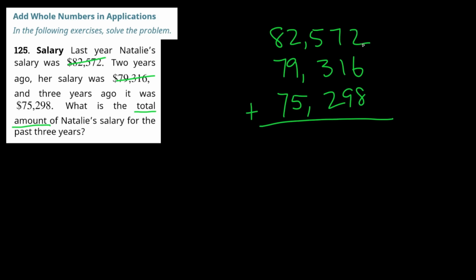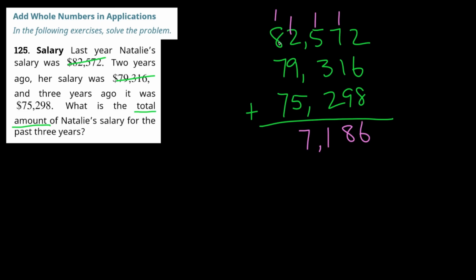So we'll start with the ones column. 2 plus 8 is 10, plus 6 is 16. We have 9 plus 1 is 10, plus 7 is 17, 18. We have 1 and 5 is 6, plus 3 is 9, plus 2 is 11. 1 and 2 is 3, plus 9 is 12, and 5 is 17.